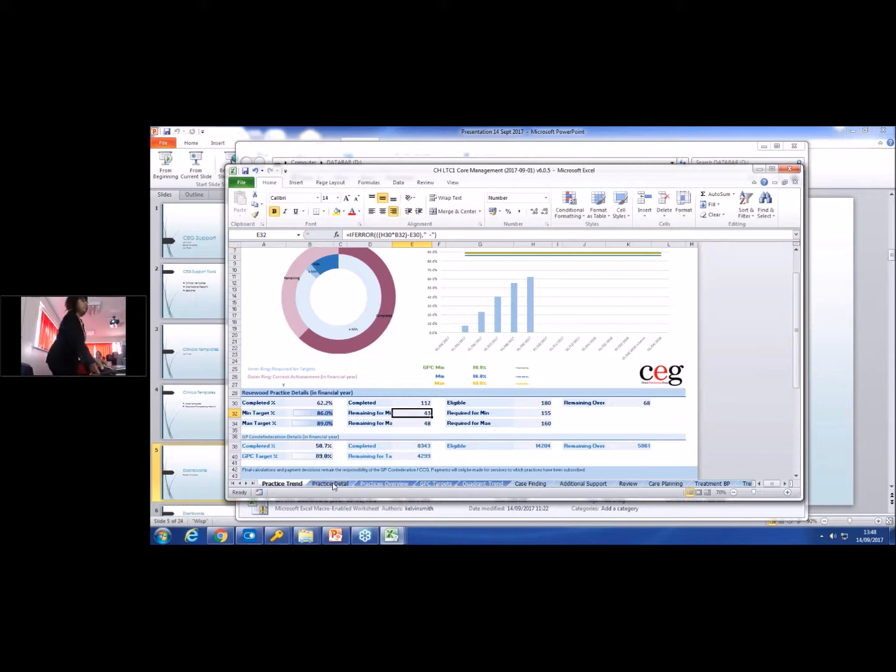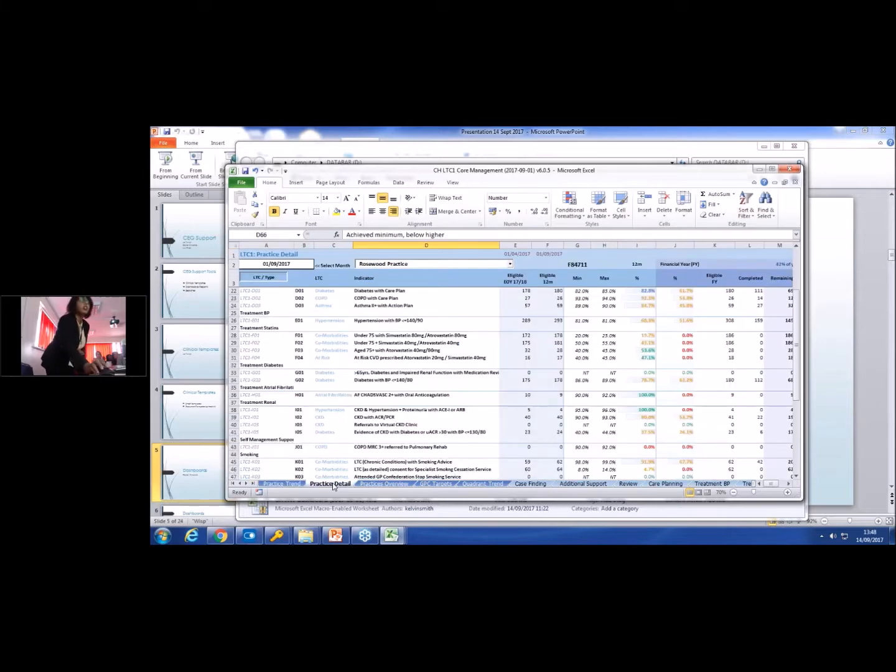Also, the practice data tab is quite useful as well. It's quite difficult to move around in this screen.